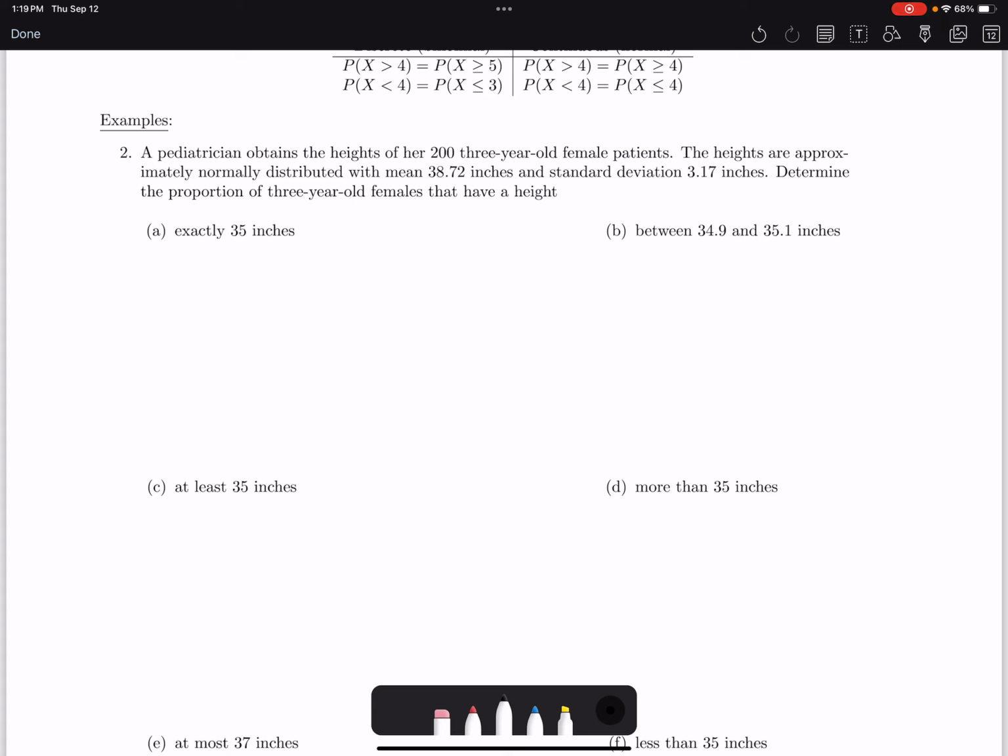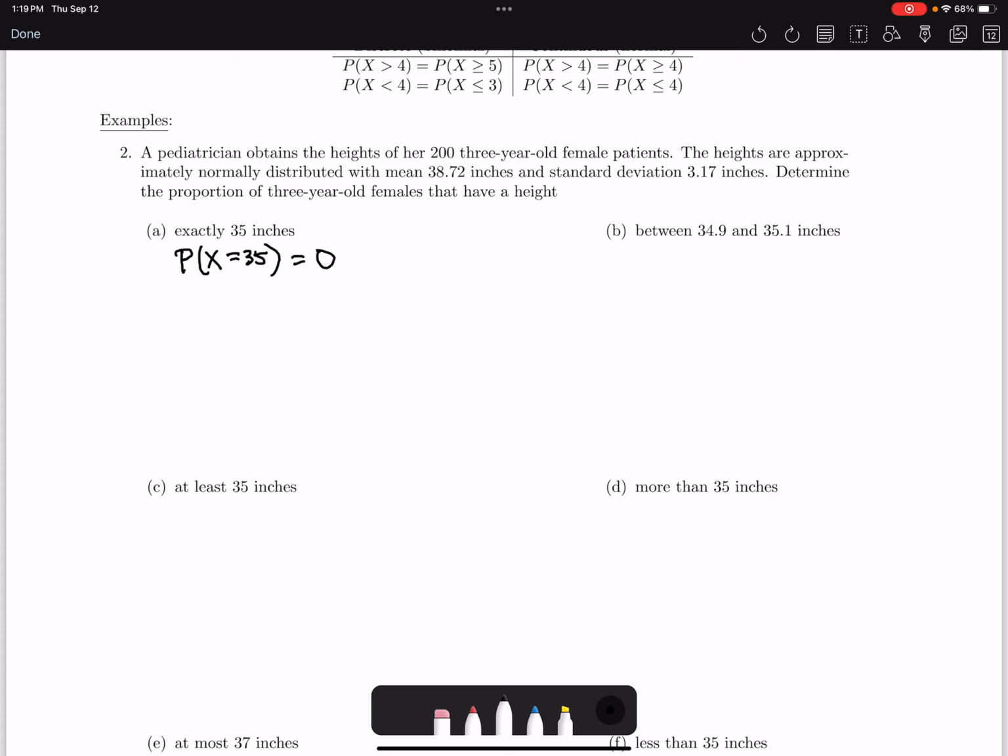In other words, we're looking for the probability that x equals 35. We're told that these heights are approximately normal, and height is a continuous variable. So the probability x equals 35 is going to be 0, given our discussion above.